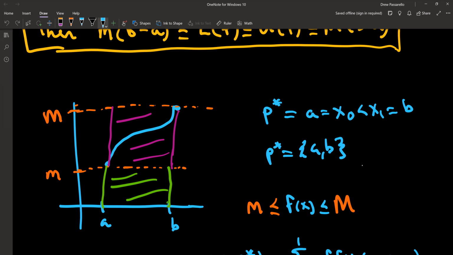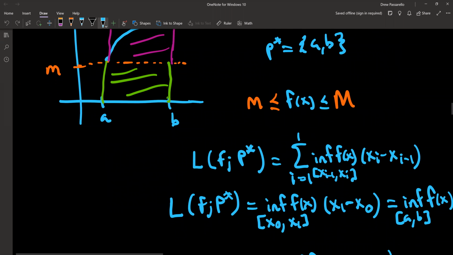And if we use a partition called a 2-point partition, I'm calling it P star, consisting of just the endpoints, then since little m is less than or equal to f of x, which is less than or equal to capital M for all x in [a, b], the lower sum with this 2-point partition is equal to the summation of the infimum of the function on each subinterval [x_{i-1}, x_i] times the length of that subinterval, x_i minus x_{i-1}.